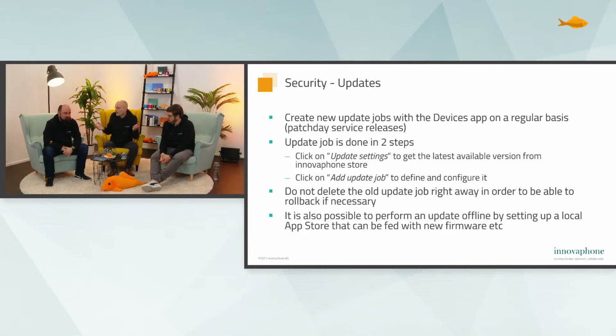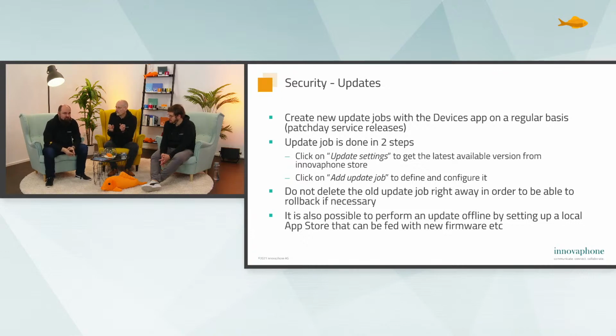Then nothing further happens, and you have to create a new update job. As soon as you create this new update job, it contains a link to our app store and to the version in the app store. And that's stored in your update job.